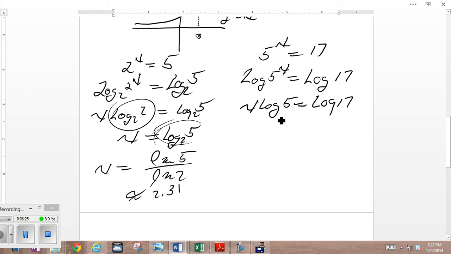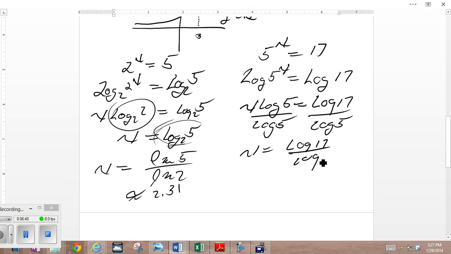And then I can simply divide by log of 5, which will isolate my x, and say that x is equal to log 17 over log 5. And believe it or not, that's quite an acceptable answer, okay? Log conversion would say that's the same as the log base 5 of 17.